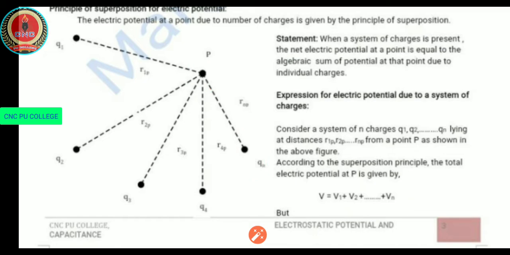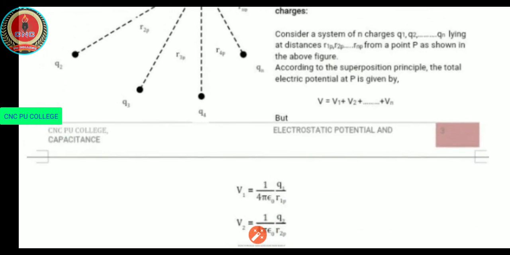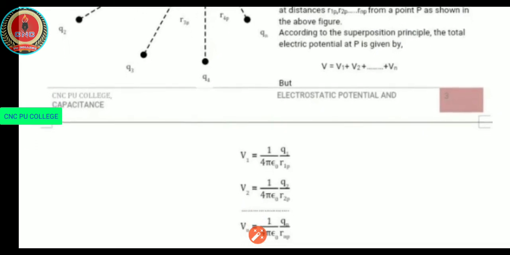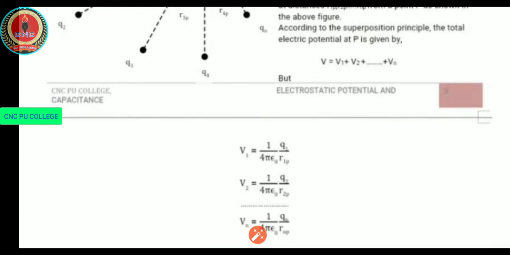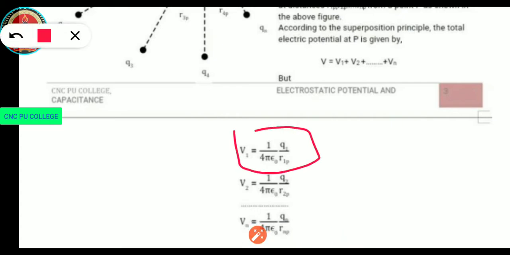As we already know the expression for potential due to a point charge, here V1 equals 1 by 4 pi epsilon naught Q1 divided by R1P, where Q1 is the first charge and point P is at a distance of R1P from that charge.